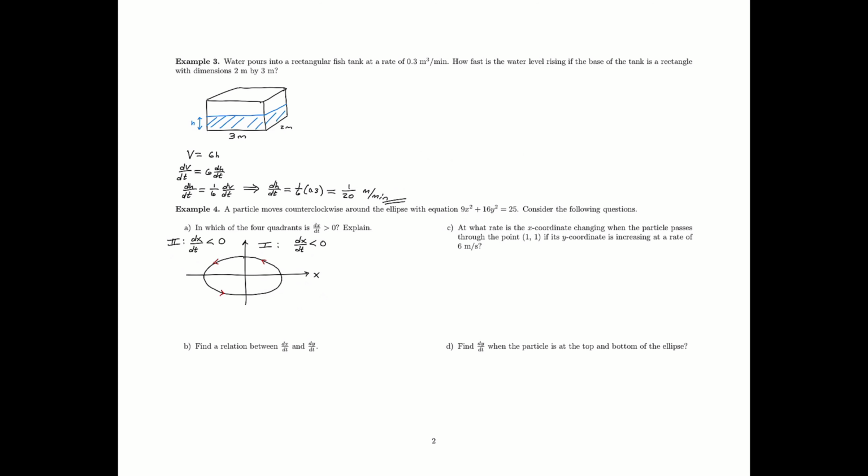Now in quadrant 3, we are moving to the right finally. So in quadrant 3, dx dt would be positive, and again in quadrant 4, dx dt would be positive because we're moving up and to the right. So it appears that the answer is quadrants 3 and 4.